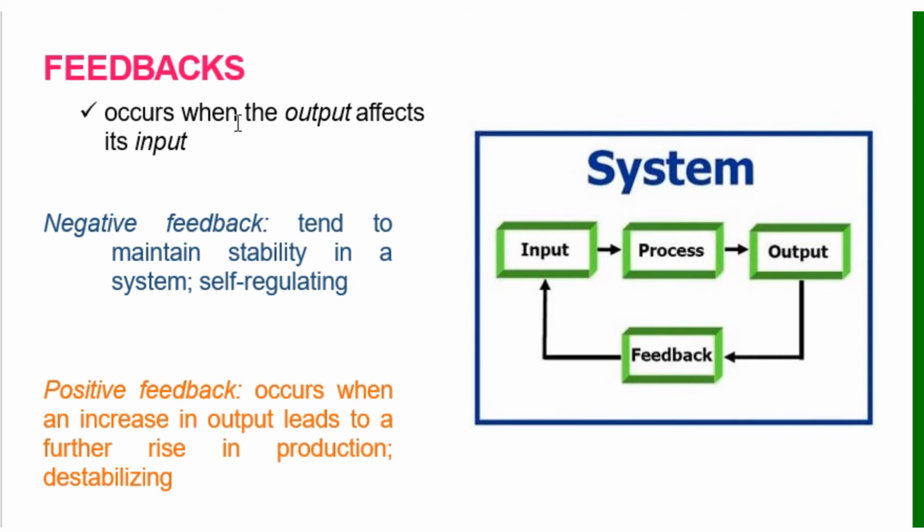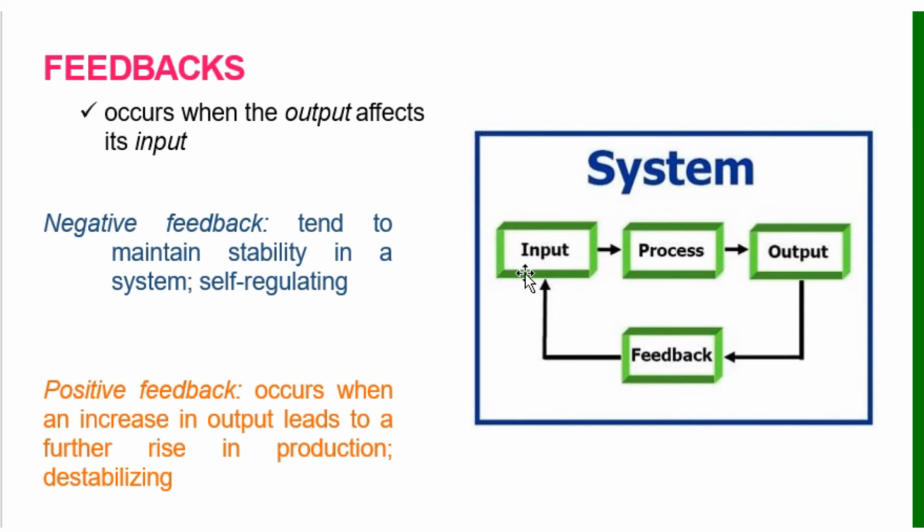Another, we have the feedbacks. Feedback, by definition, occurs when the output affects its input. All the changes in the output give a feedback on the input. This is an example of the process for the feedback. How do we come up with the feedback?